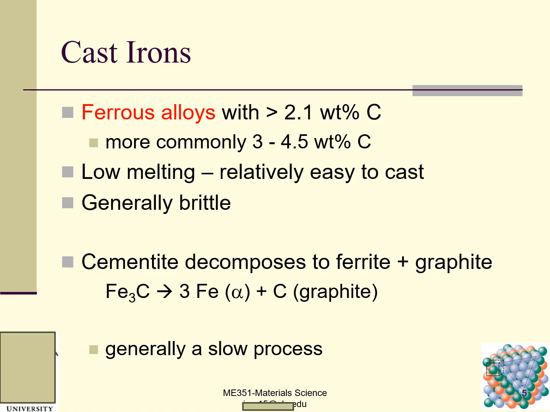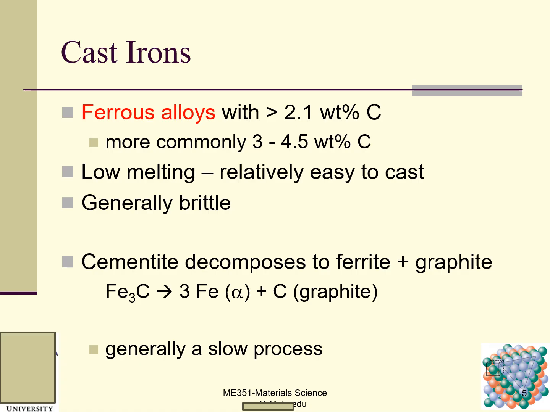Cast irons have a low melting temperature and are relatively easy to cast. Also, generally they are very brittle. Previously, many households used cast iron utensils, the pots, but now we have changed to using stainless steel.